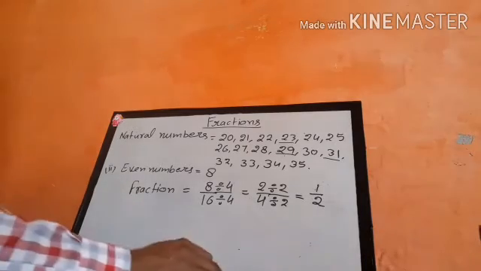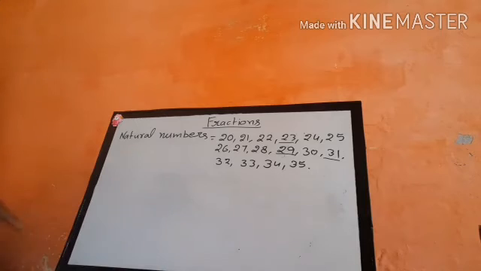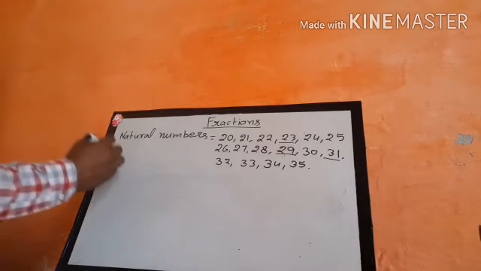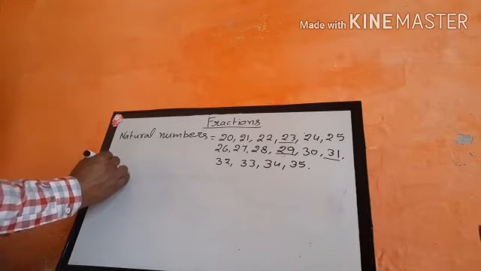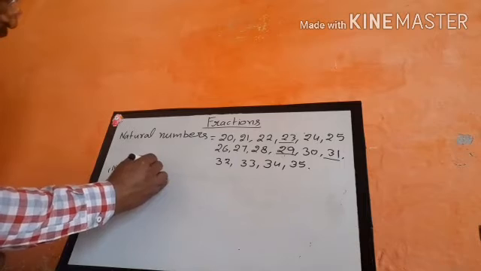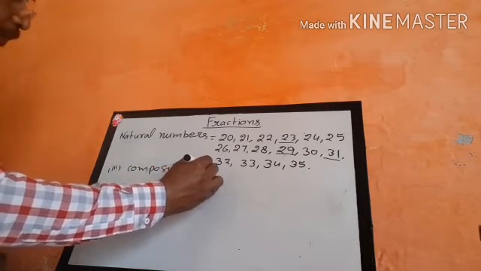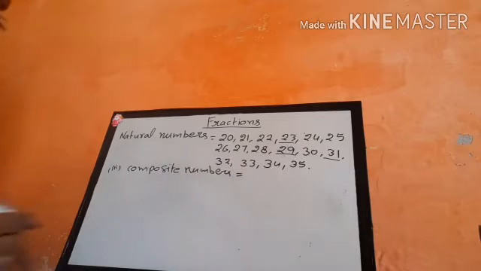Now come to the third part of this question. Here they are asking about the composite numbers. So do you know what composite numbers are?